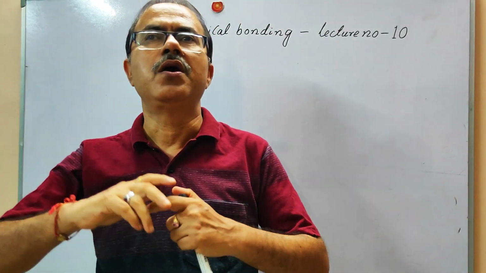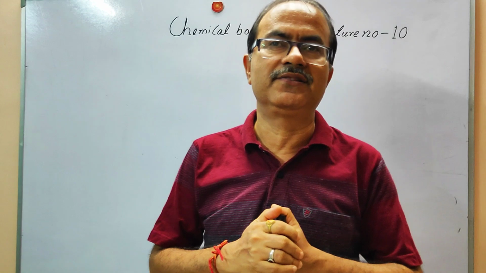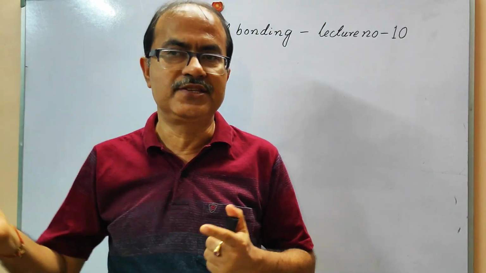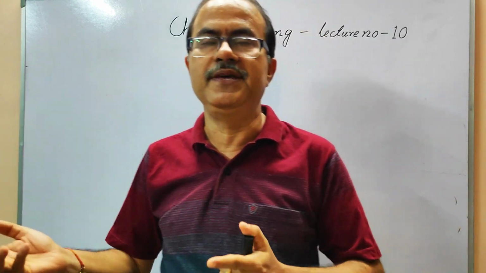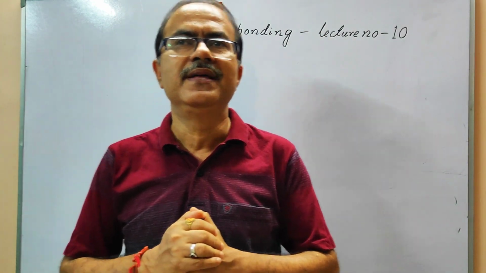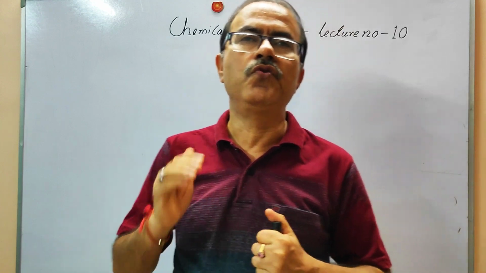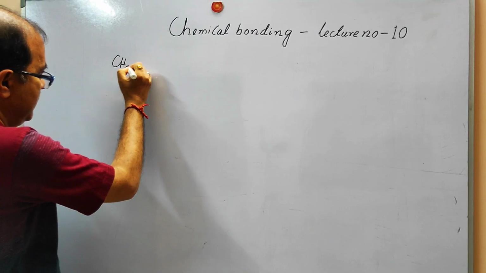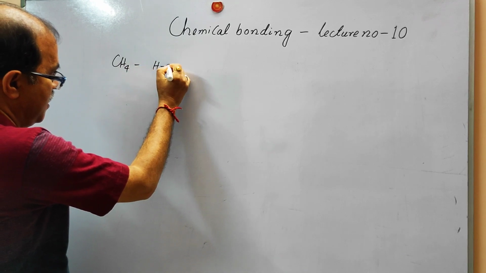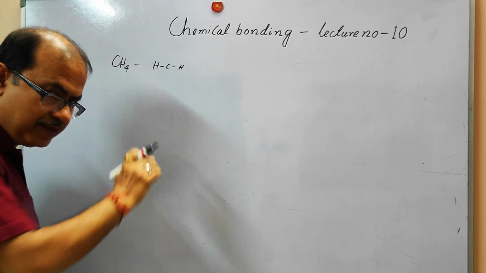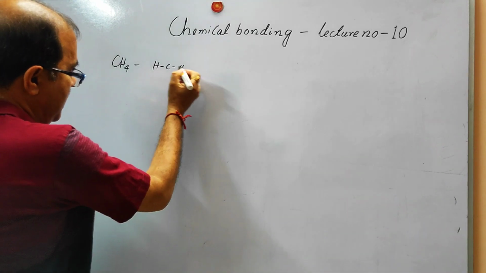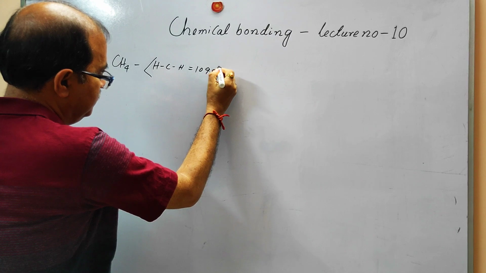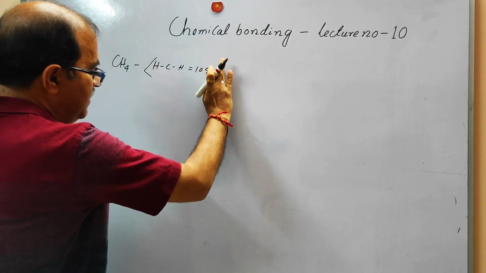That is, when we simply overlap the atomic orbitals, p with s, s with s, or p with p, at that time, what is going to happen? The bond angle is not going to be explained. The bond angle between hydrogen, carbon, hydrogen, for example, is 109.5, that is 109 degrees and 5 minutes.